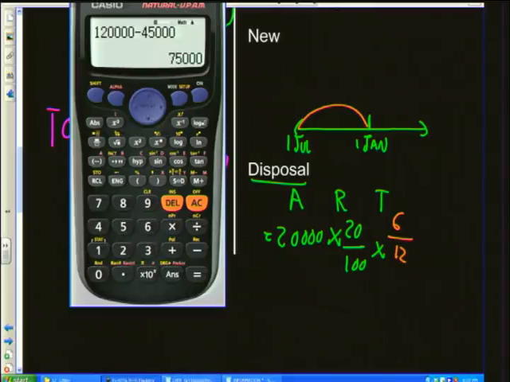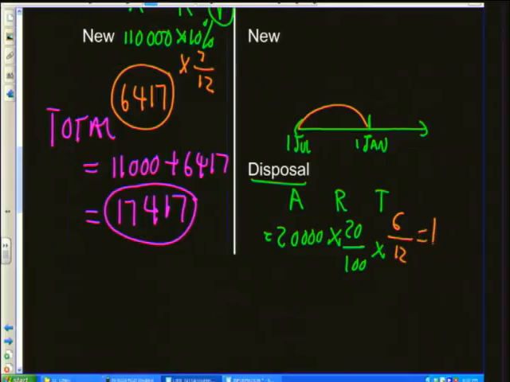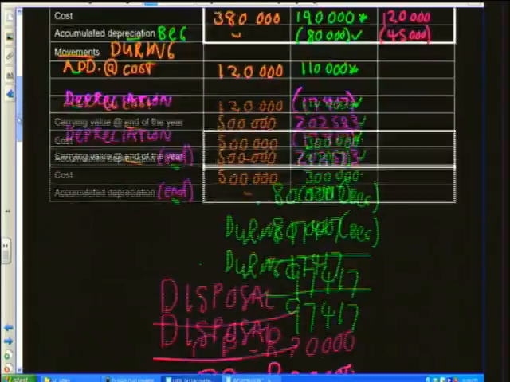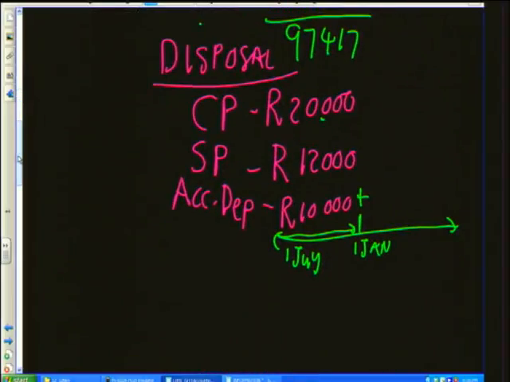Okay, right, so let's do this calculation and then we'll take a quick break. 20,000 times 20%. Okay, divide that by 2. So we're writing off an additional 2,000. Okay, I just want to quickly take this amount through. Okay, so my additional depreciation is an amount of 2,000.